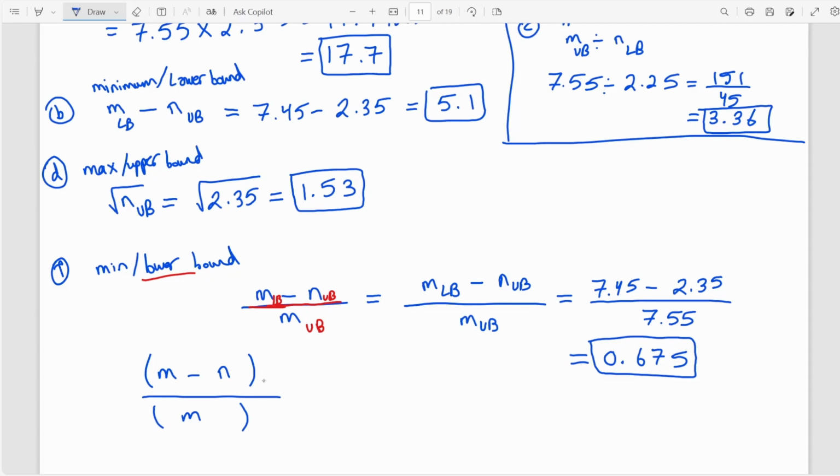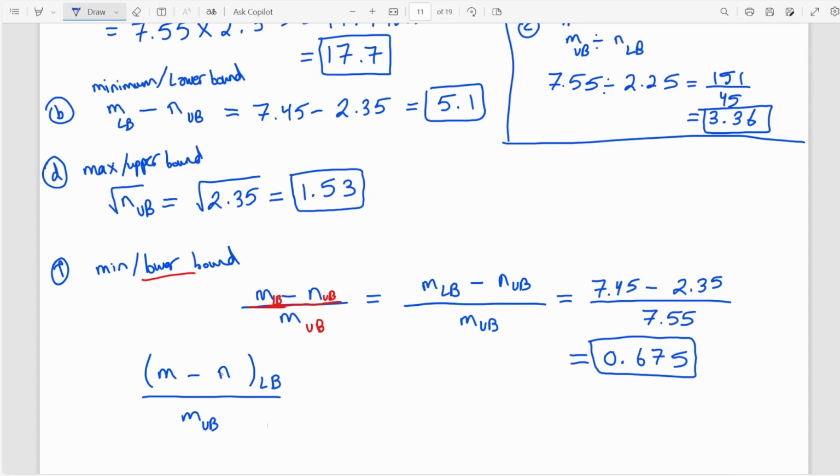So in order to achieve a lower bound, we would have a lower bound for the top part and an upper bound for the bottom part. Now the good thing is that the bottom part only has m alone, so all you want is an upper bound for m. That's it, done with the bottom part. Now for the top part, the numerator, you would want the lower bound, correct?